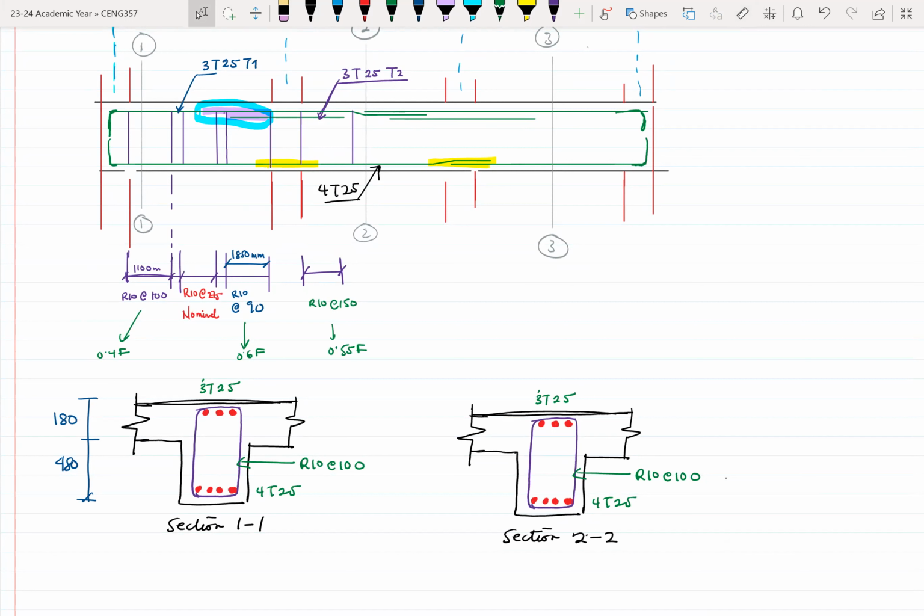It looks similar to the 1.1, except that your rebar is going to change. So what should I do? Okay, so 275.